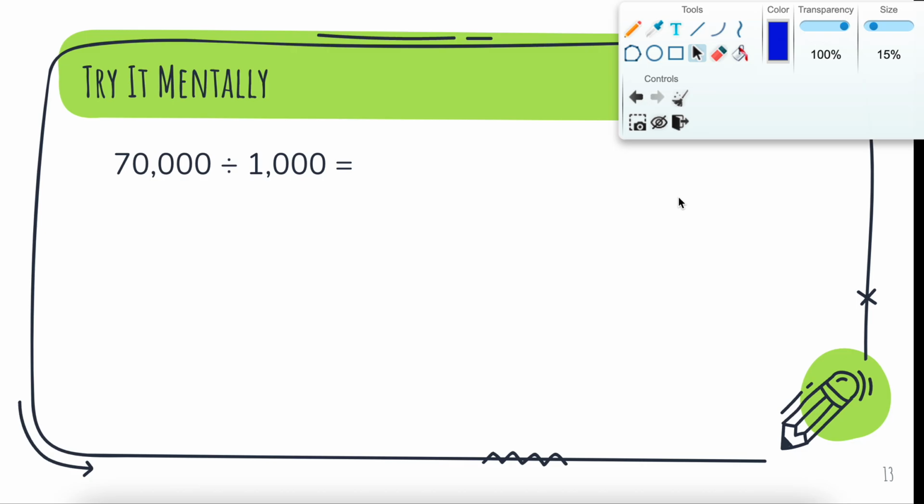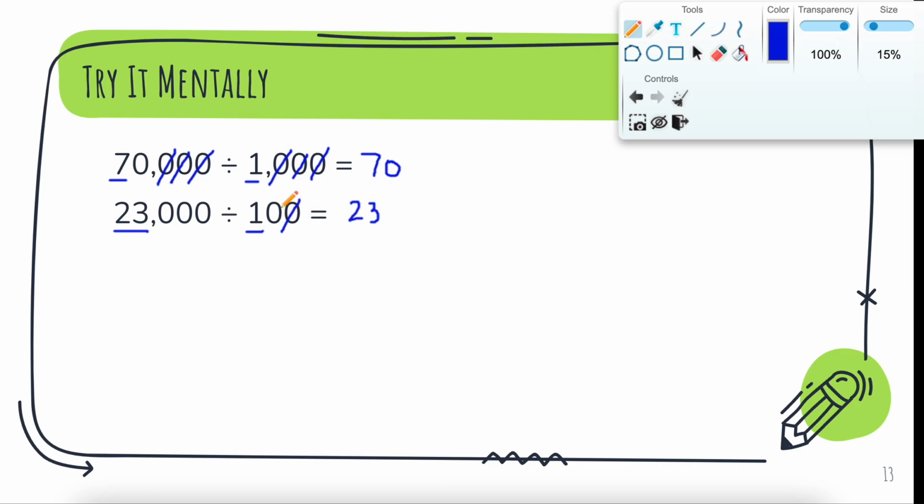So if we try it, again, I can start here by just doing 7 divided by 1 is 7. And then when I look at 70,000 and 1,000, I have 3 zeros that I can cancel out of each number, which means we're left with just 1 zero in the 70. So that answer would be 70. Same thing here. 23 divided by 1 is 23.